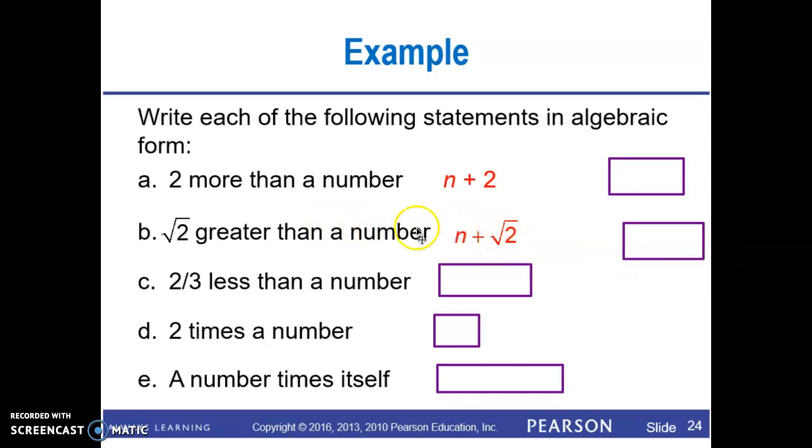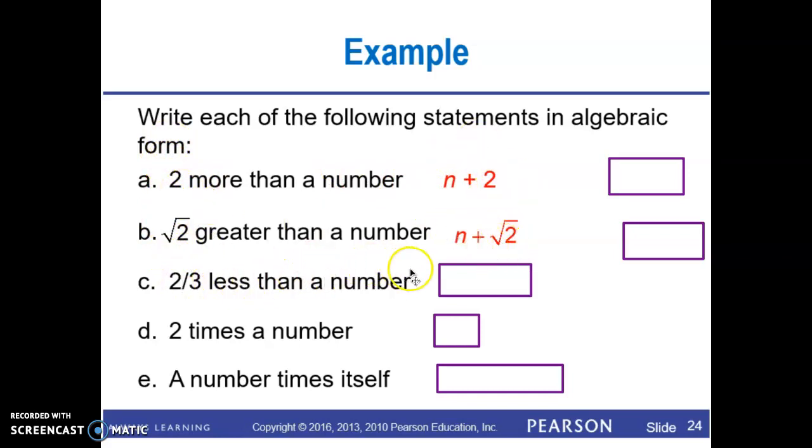Again, my variable there, n, representing a number. So more than and greater than, I would tell my students go quote unquote backwards, because this part of the expression comes first when I change it into a variable expression, and this part of the expression comes second.